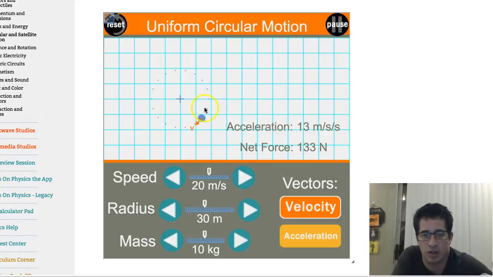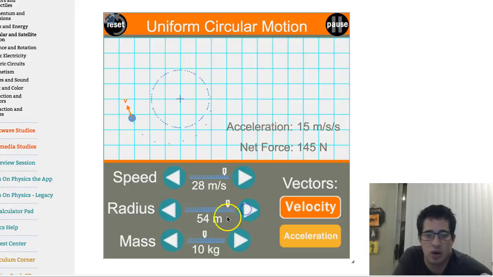If we draw the velocity vector, make it a little bigger so you can see better, we can see it changing as it goes around the circle. We'll also increase the radius so it goes a little slower. The length of v stays the same, but the direction changes. You can see it's tangent to that circle.